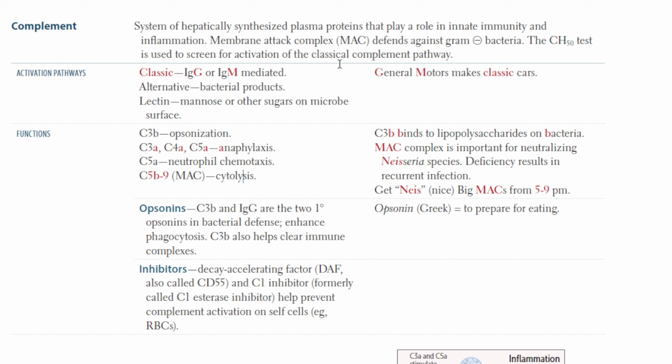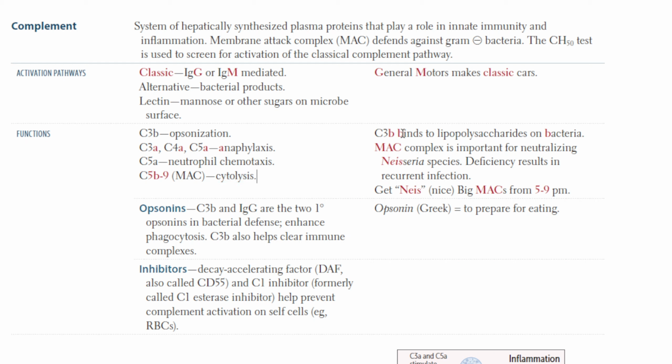You're going to get a big Mac. So remember this: get a nice Big Mac from 5 to 9. That's going to remind you that C5b-9 is the MAC, the membrane attack complex, and it produces cytolysis.